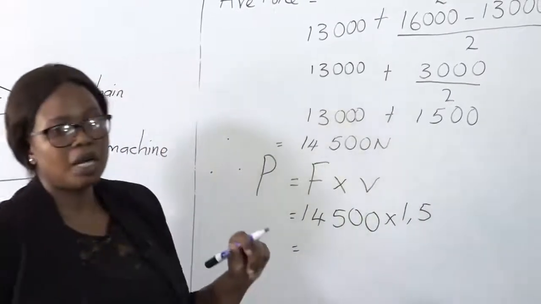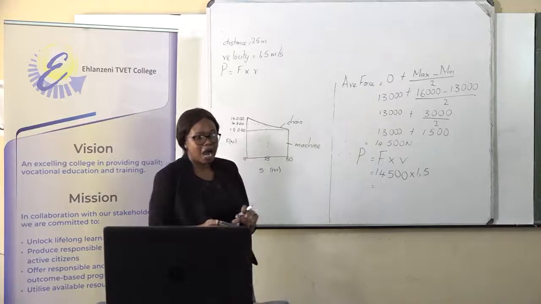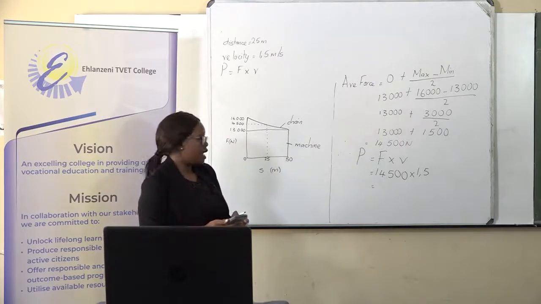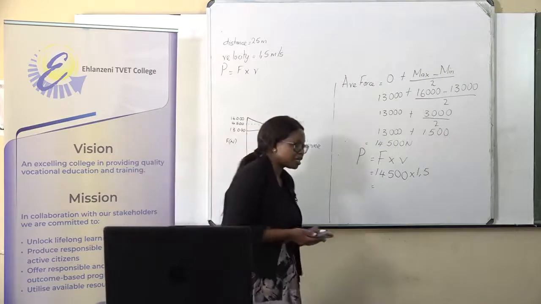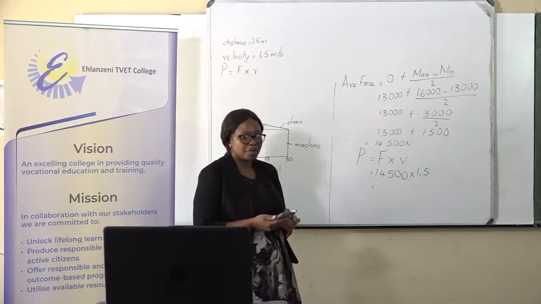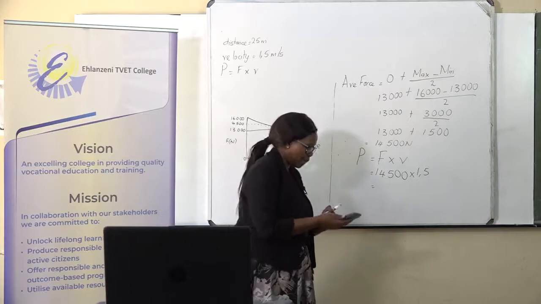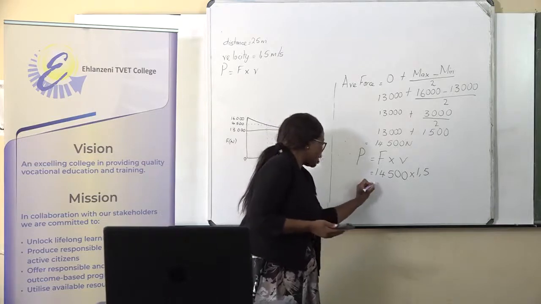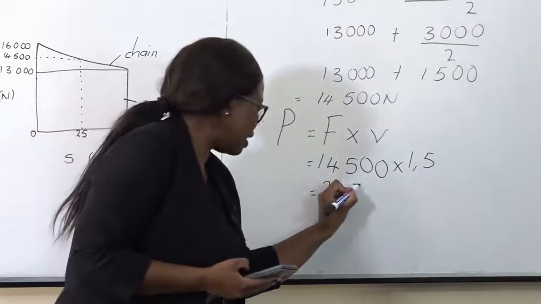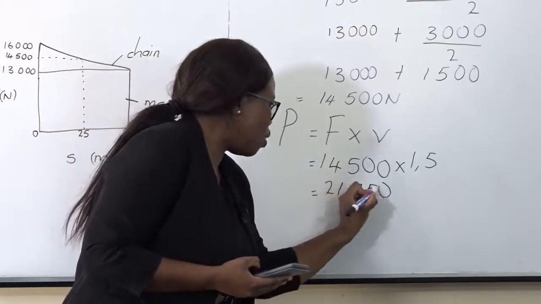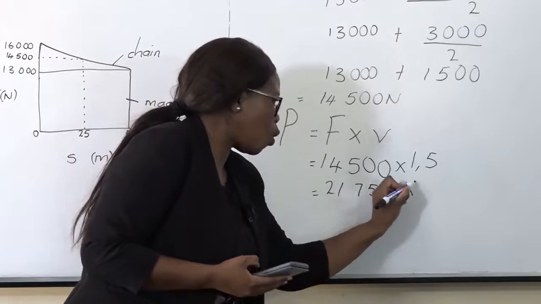Let's put it on our calculator and see how far we can get. All right, 14,500 multiplied by 1,5. What do we get? We get 21,750, and power is measured in watts.